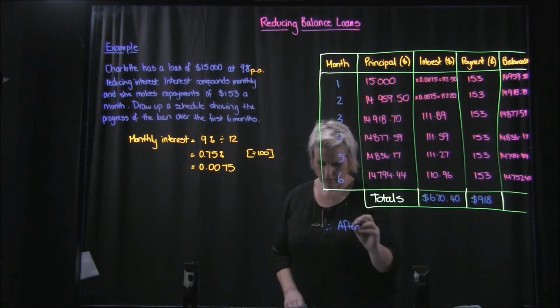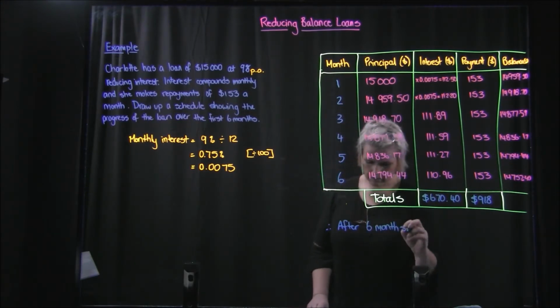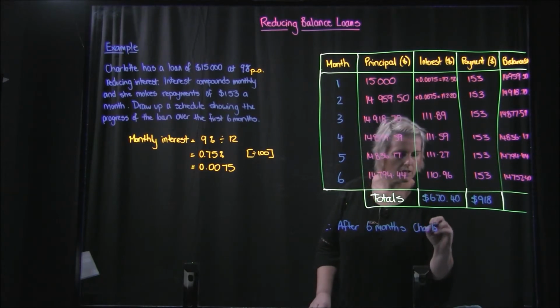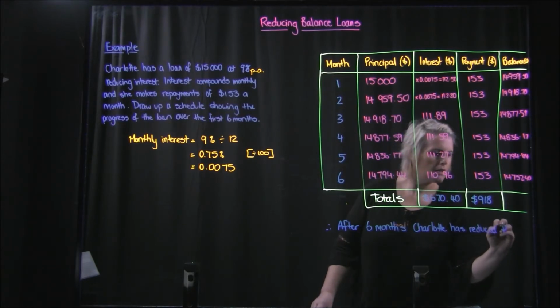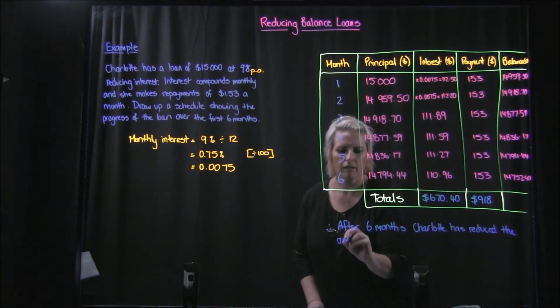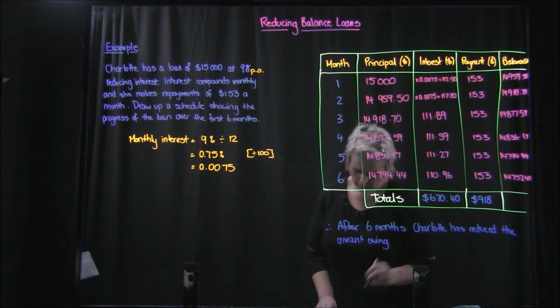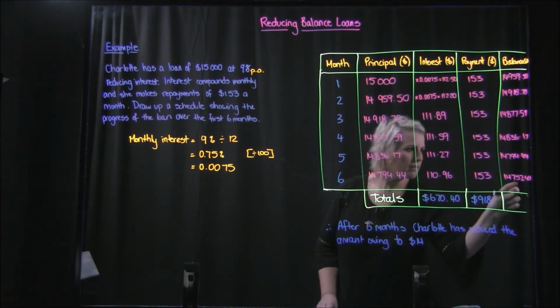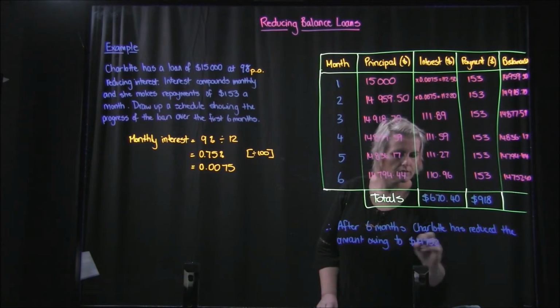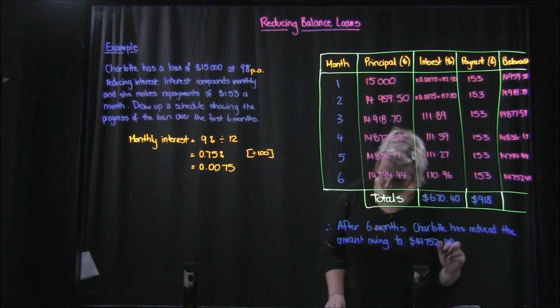So basically what we can then say is after 6 months, Charlotte has reduced the amount owing to $14,752.40.